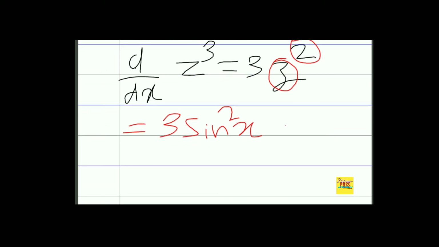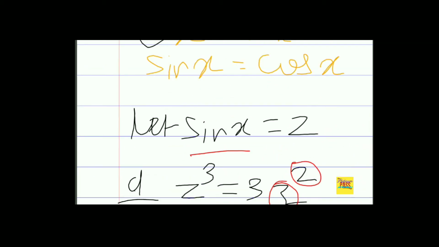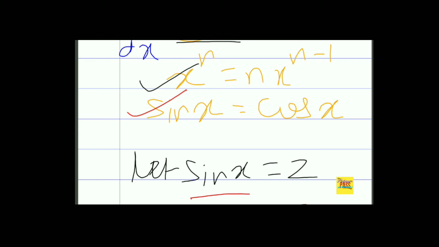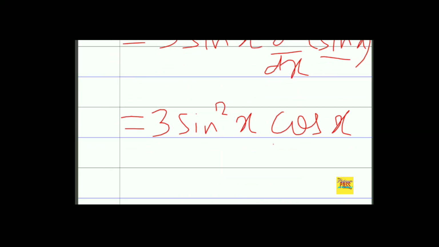Now as sin x is also a function, so differentiation of sin x is cos x, so simply do that: 3 sin square x cos x. As I told you before, here I have defined that the differentiation of sin x is cos x.